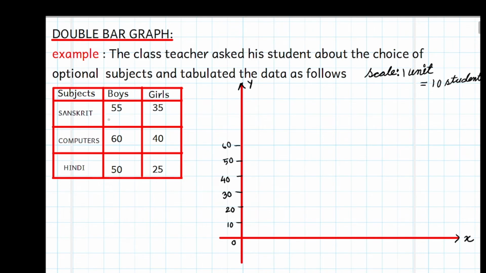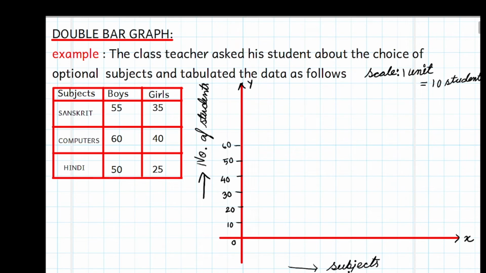Now see, first one, Sanskrit, number of boys. This way we are taking the number of students, and this way subjects. Now what is the first?